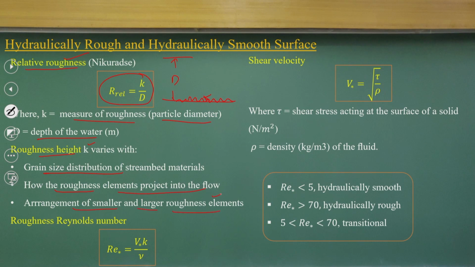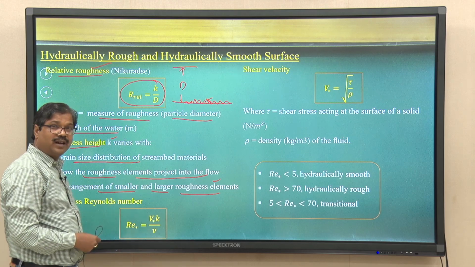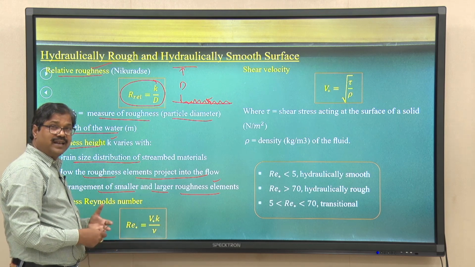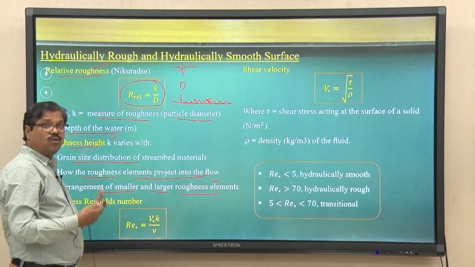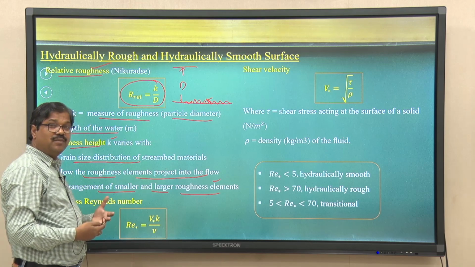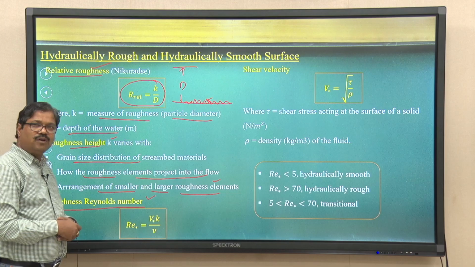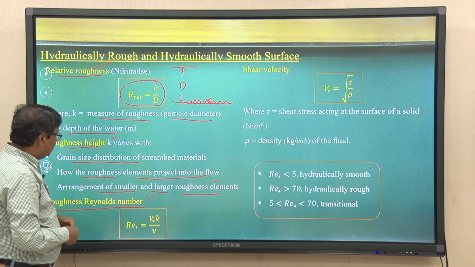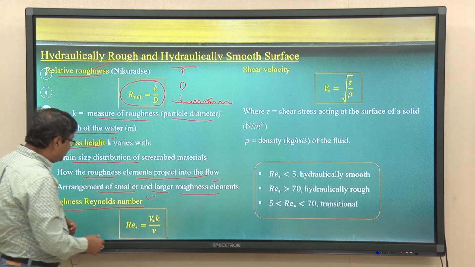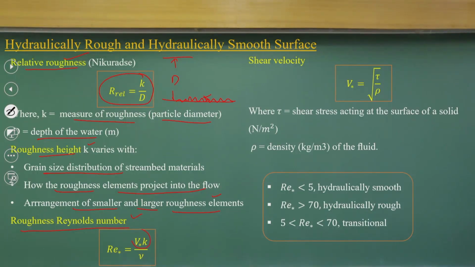Okay. As you are all aware, the Reynolds number is the ratio between inertia forces and viscous forces. With the same two force components, we can define the roughness Reynolds number. Here the inertia term is replaced with V star, which is the shear velocity. Again, what is a shear velocity?